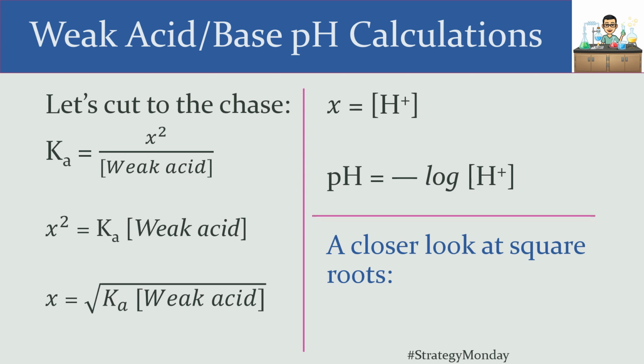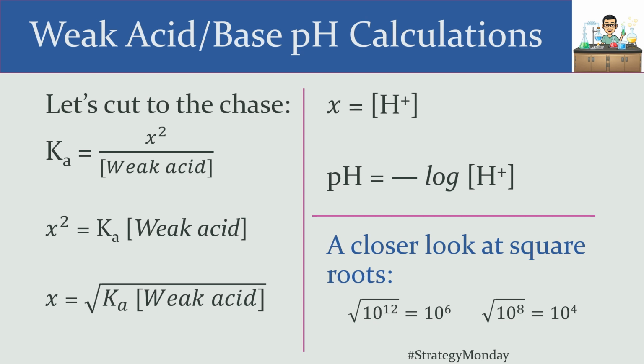Just to remind you, when you take the square root of a number with an exponent, you take half the exponent. So the square root of 10 to the 12th, for example, is 10 to the 6th. The square root of 10 to the 8th is 10 to the 4th. Whatever number we have, we just take half of that exponent, and that gives us our square root.